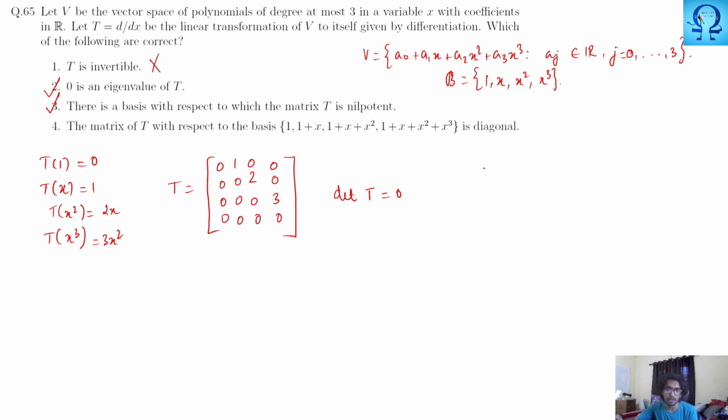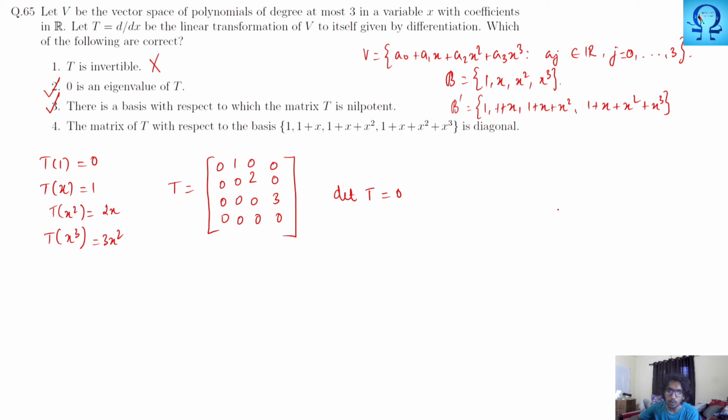One way of proving this is not diagonal is if you just change the basis. We have the basis 1, x squared, and x cubed. From this, if you change to some other basis, 1 plus x, 1 plus x plus x squared, 1 plus x squared plus x cubed, this will involve an invertible matrix.